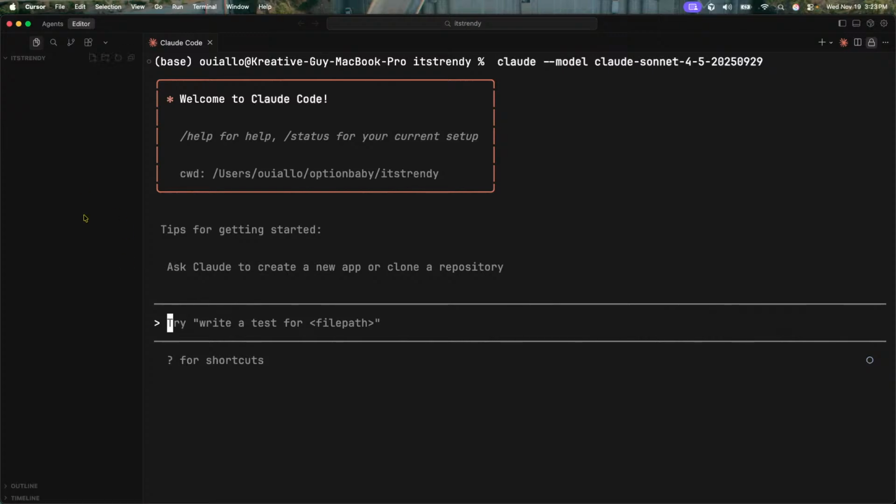All right, now I want to build context, right? So in order for us to build context, what I'm going to say is, what do you know about algo trading strategies for options?